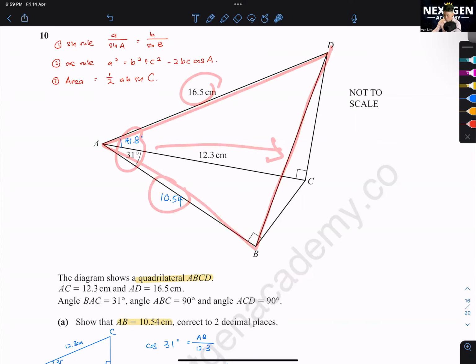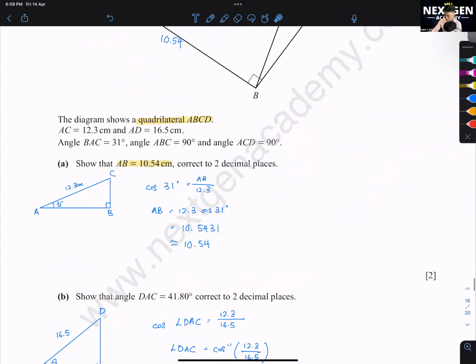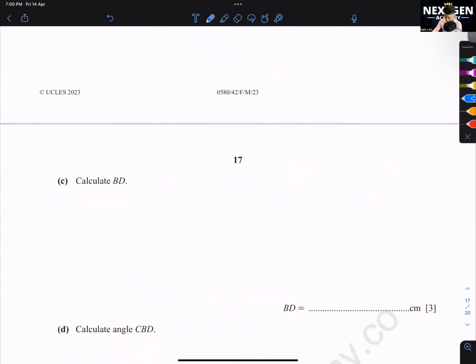So I'm going to sketch this part out. ABD. Here was 16.5, 10.54. Let's find what's the angle DAB. Just now we got the angle already. We just add it up. This will be 41.8 plus 31, which is 72.8.